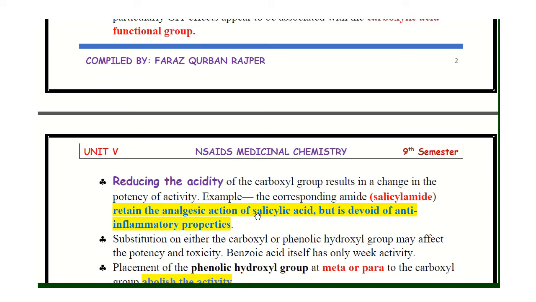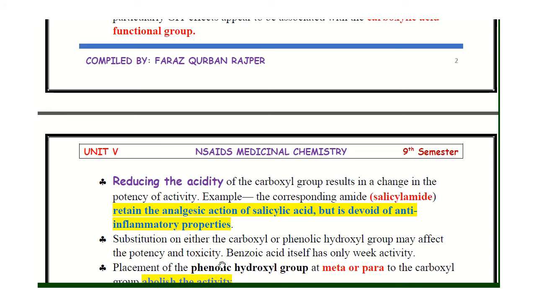There are different types of amide derivatives, which we have already studied. The amide derivative of salicylic acid can be formed, that is salicylamide. Salicylamide retains the analgesic action of salicylic acid, but it does not have the anti-inflammatory property.